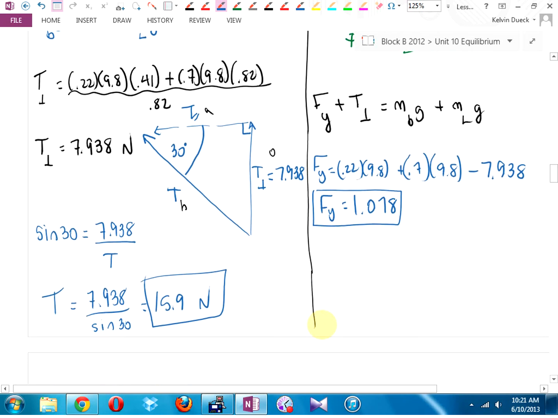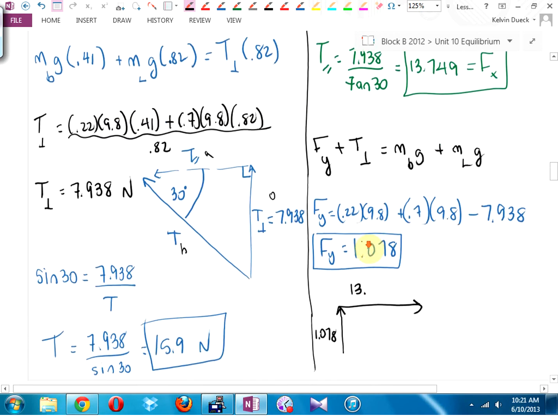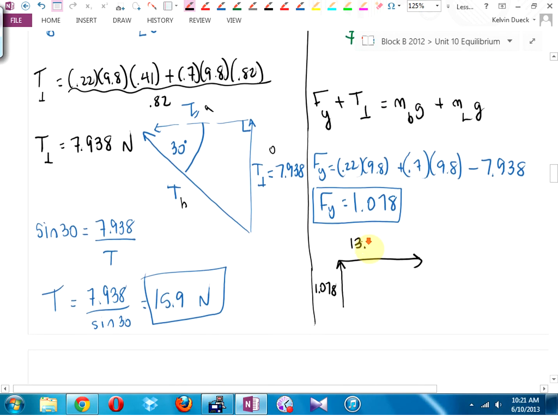Oh, that's not what they wanted either. Here's what they want. 1.078 plus 13.749.